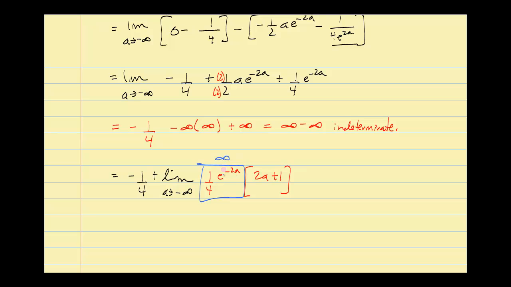So e to the positive infinity is infinity, times a 4th is positive infinity. This piece right here is negative infinity. So I multiply these together, a positive times a negative. So this would look like negative 1/4 minus infinity, which is minus infinity. So this area actually diverges. So this is a divergent area.